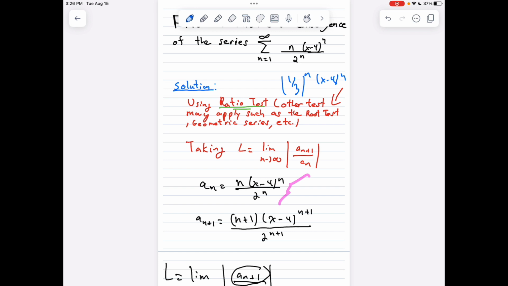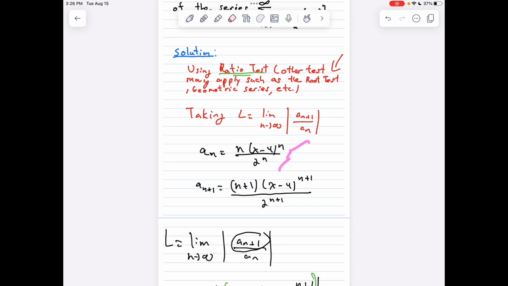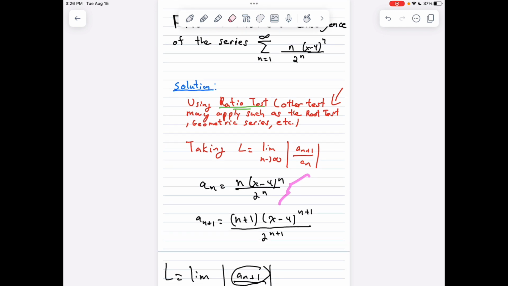So if we're using, in this case, the ratio test, you will go ahead and take this limit, call it L, and you have what we call a_n and a_(n+1). a_n just stands for the terms of the sequence, which is the stuff next to the sigma, pretty much. Okay, we wrote that down, and then you have a_(n+1).